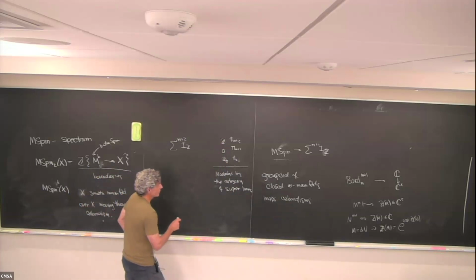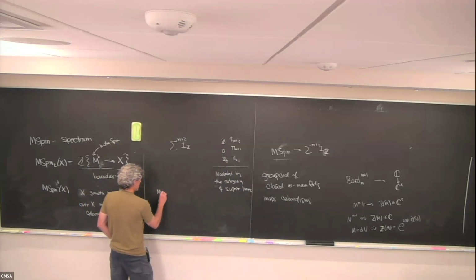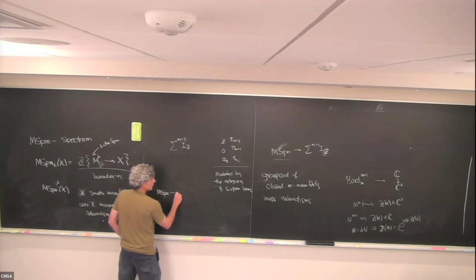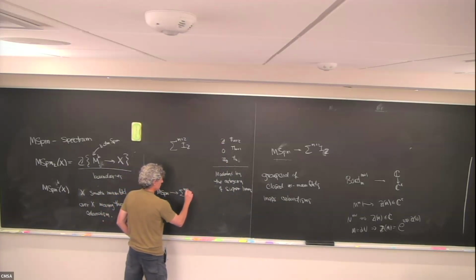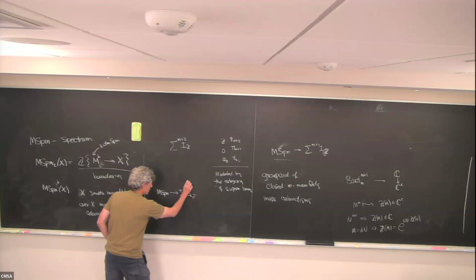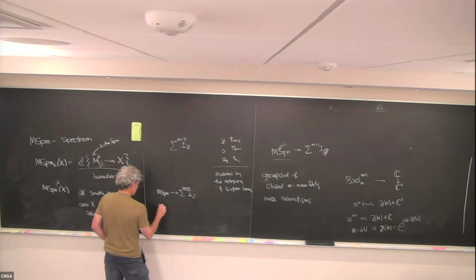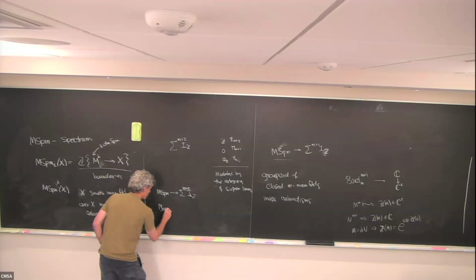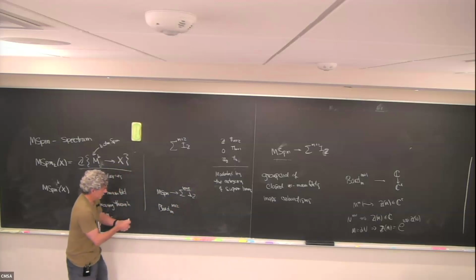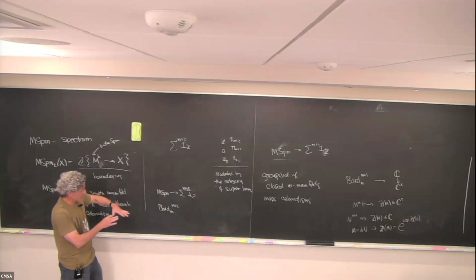And so I can also think of a map from M spin into sigma m plus 2 IZ as a functor from the category of bordism, the two-category whose objects are spin M manifolds, whose one-morphisms are cobordisms, and whose two-morphisms are manifolds with corners.